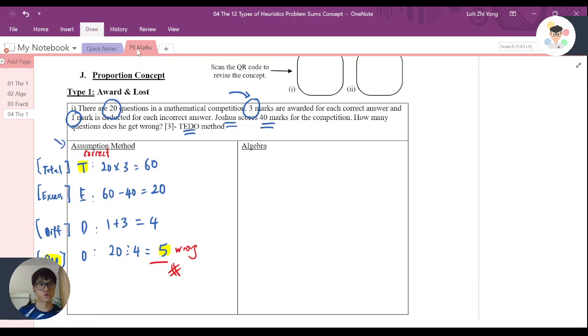I believe that most of you will choose this method to solve it, but just in case some of you prefer algebra, let me erase the marks here and I will show you how to do algebra.